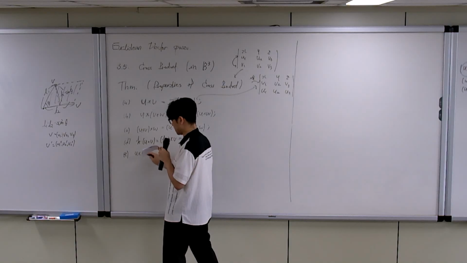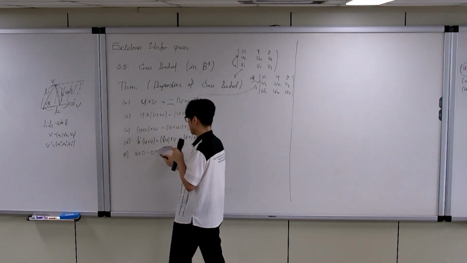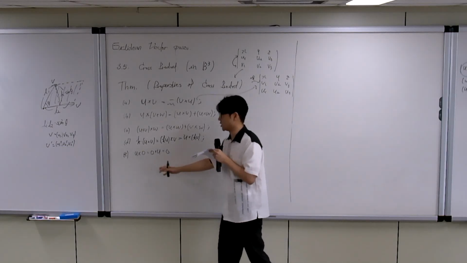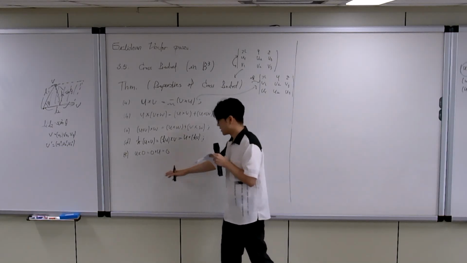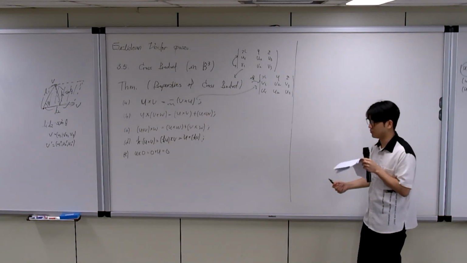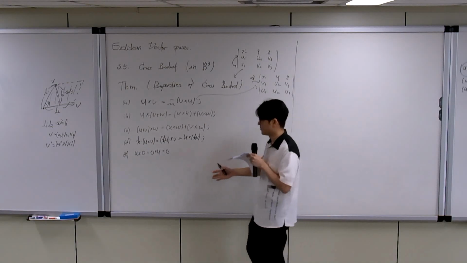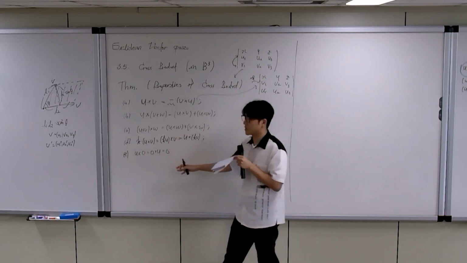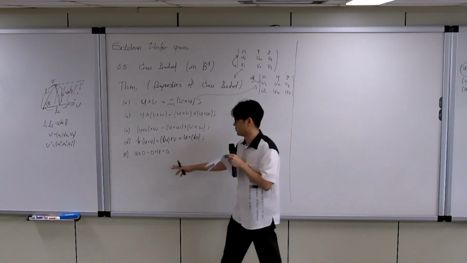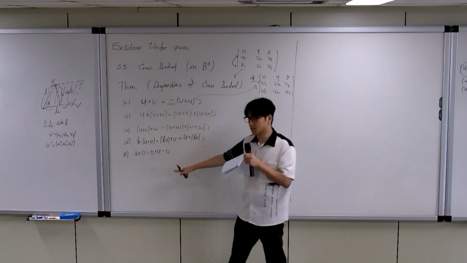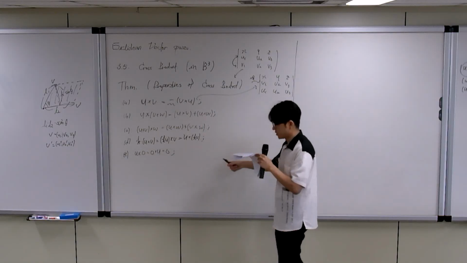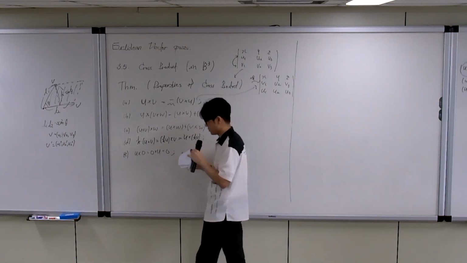And it is very simple, because the components of the zero vector are all zero, and the cross product definition will multiply the components, so it will be 0.